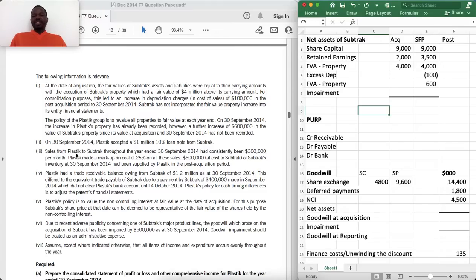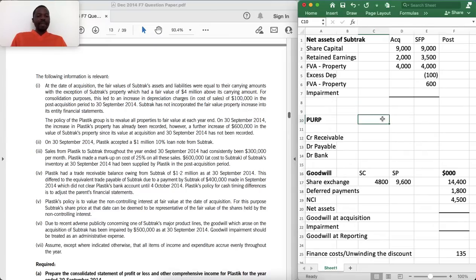Sales from Plastik, that is the parent, to Sapret throughout the year ended 30 September 2014 had consistently been 300,000 per month. Plastik made a markup on cost of 25% on all these sales. 600,000 at cost to Sapret of Sapret's inventory had been supplied by Plastik in the post-acquisition period.